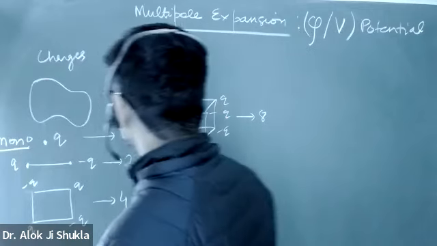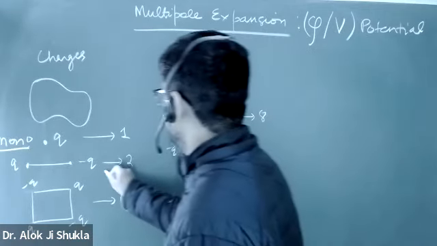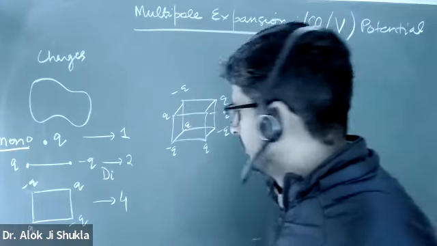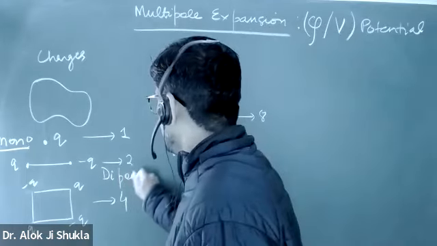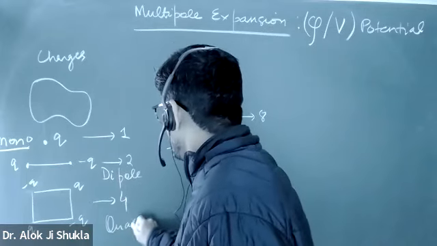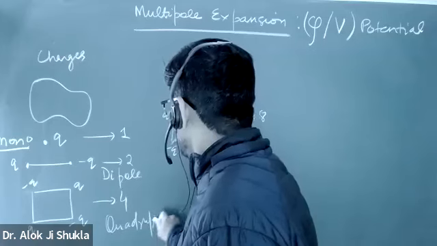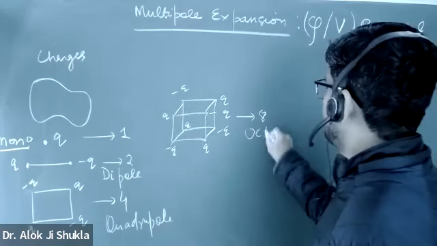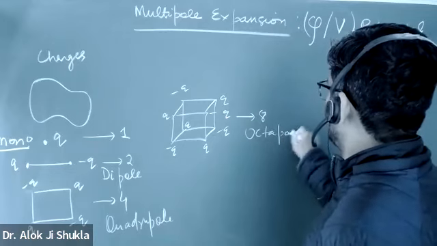Mono means single charge. This is called dipole. Di means 2. This is called quadrupole. And this is called octopole.